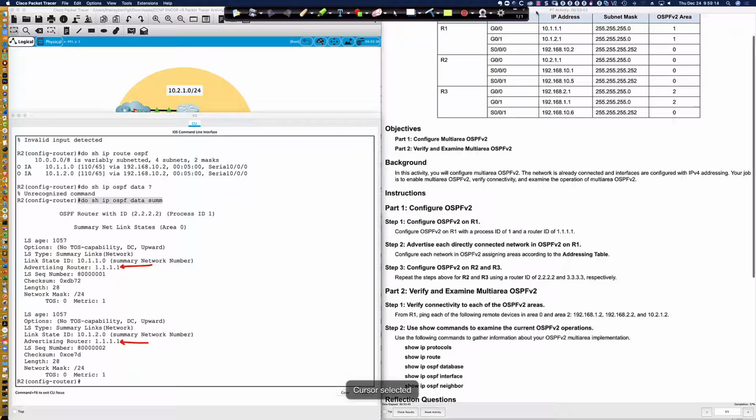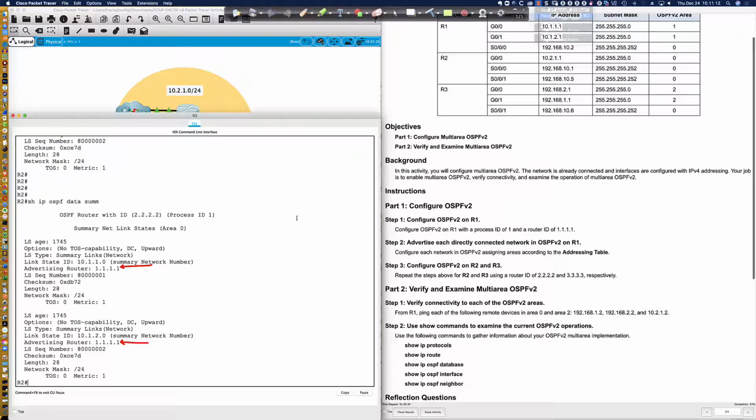That is the router ID for router 1. And so this is what router 2 is seeing. He's seeing this type 3 summary LSA coming from router 1. And what is it summarizing?